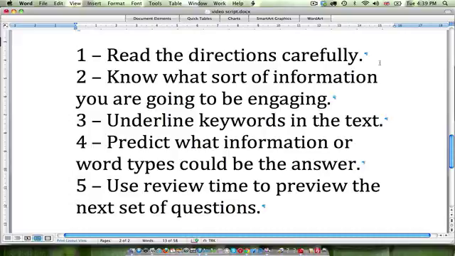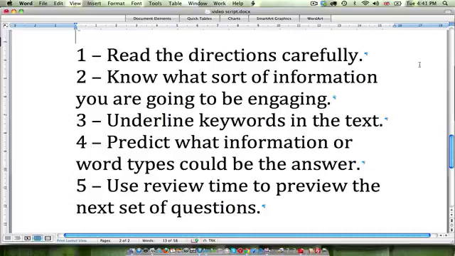Or sometimes you can tell from the blank that it's going to be a number, and you should mentally note that at that section you will be listening for a number. Okay, number 5, if possible, use the review time at the end of each listening section to preview the next section's questions. And this is a strategy that stronger students will use.